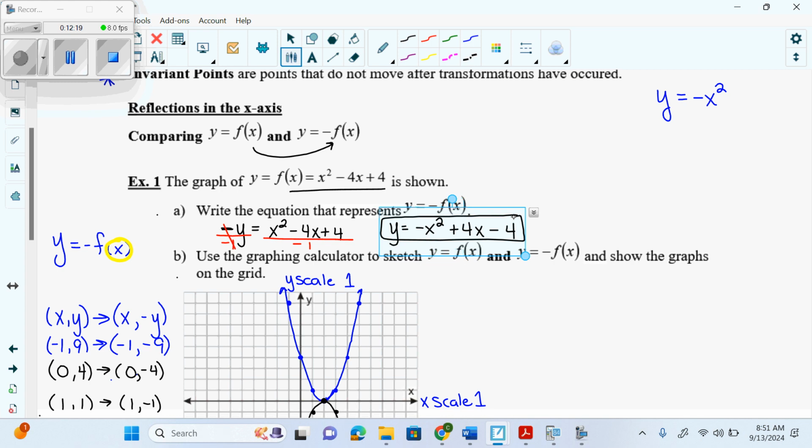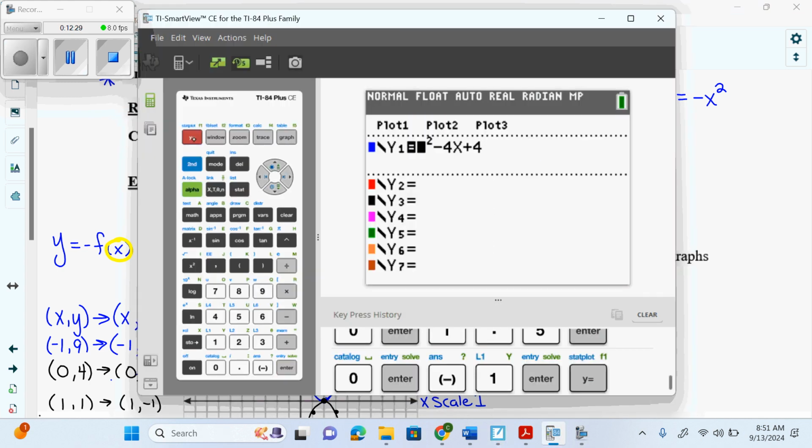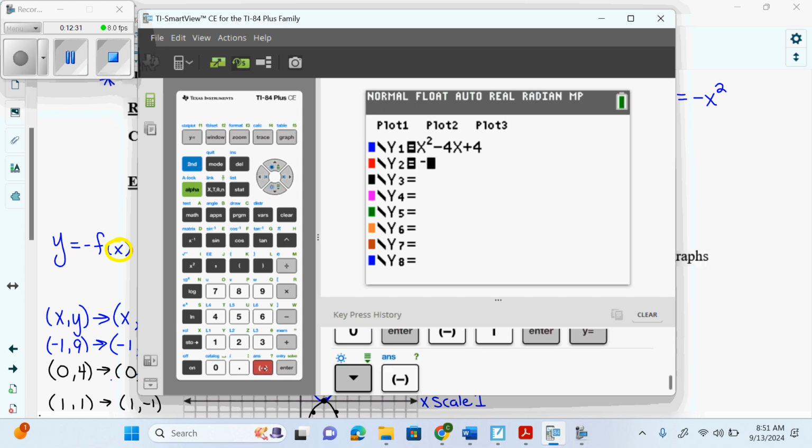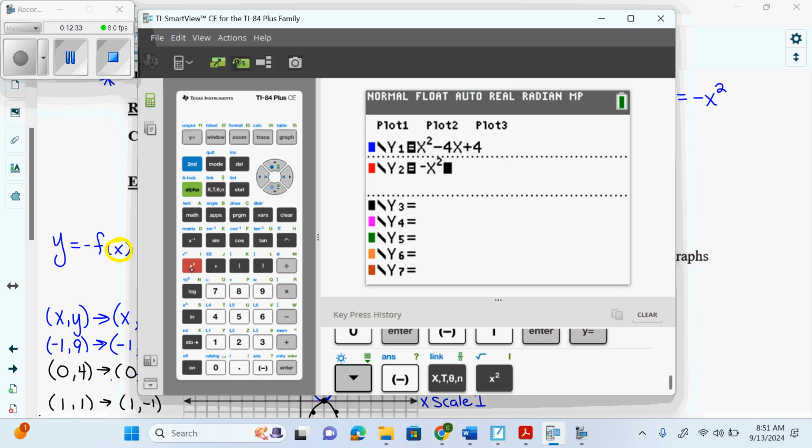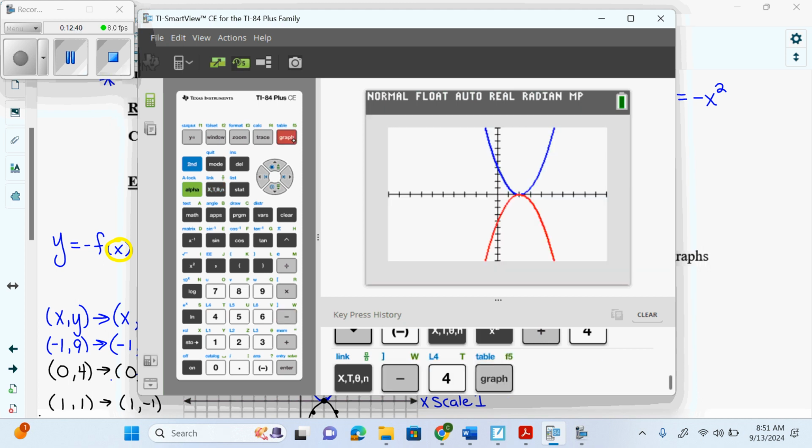Type that one into y2. Don't take out your y1. Type that one into y2. Negative x squared plus 4x minus 4. So, everyone paying attention? If you have the fancy calculators like mine, they're different colors.